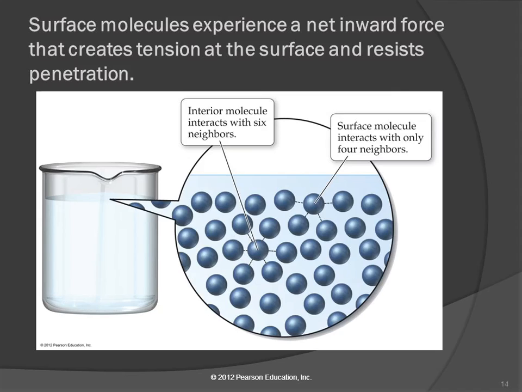So this force that's holding them together doesn't want you to stick things through it. Of course, if you want to stick your finger in water, it can't oppose that. But a small force like a paper clip or a needle that doesn't weigh very much can sit on top of that kind of a skin that the water forms on top.